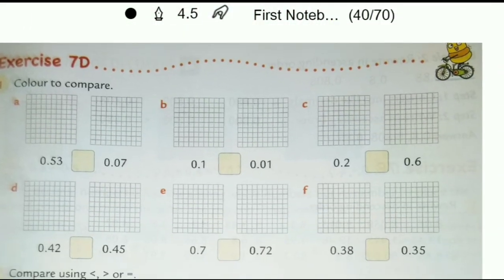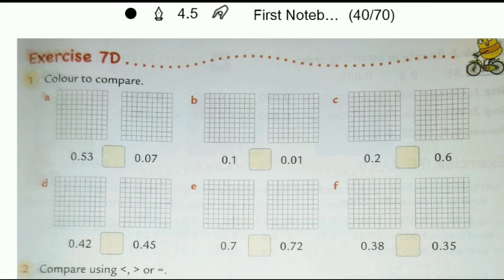See, compare 0.5 and 0.3. After the decimal both have the same number of digits, so 0.5 is greater than 0.3. In this one, here is 0.1 and here is 0.01.